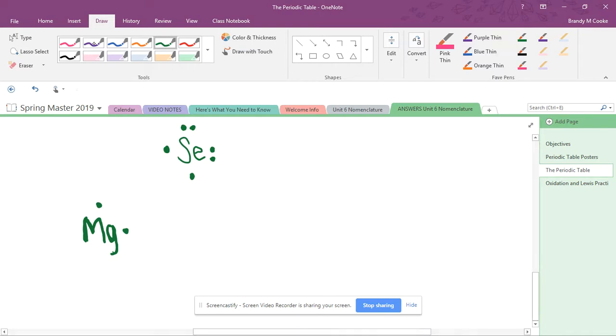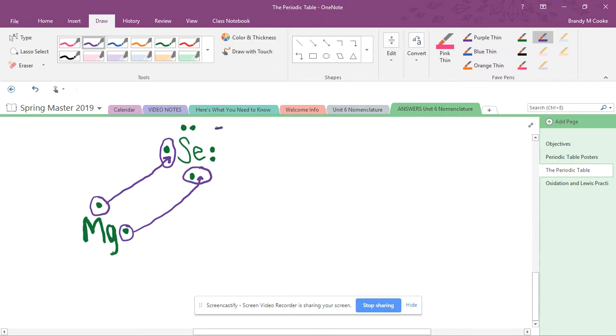Looking at selenium, I can see that all he needs is to fill these 2 empty spots in order to be happy. So when we have magnesium and selenium together, we can see really simply by just the pictures that this electron can go right here, and here we have a pair. This electron can go right here, and now we have a pair there.